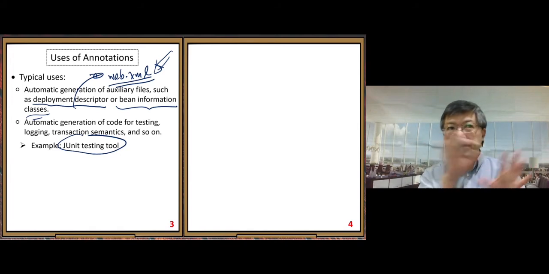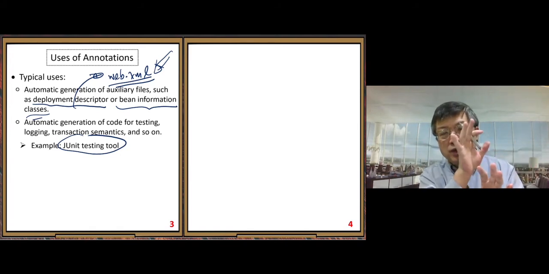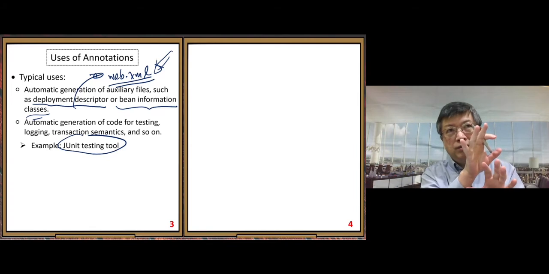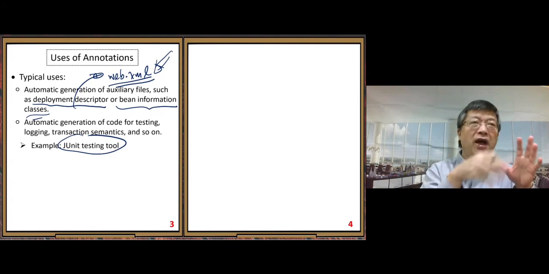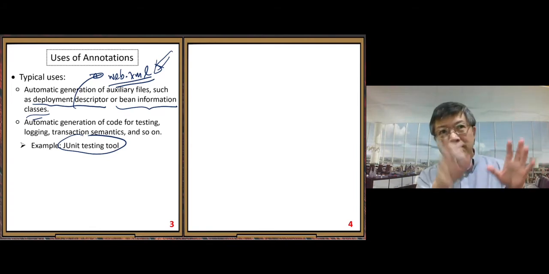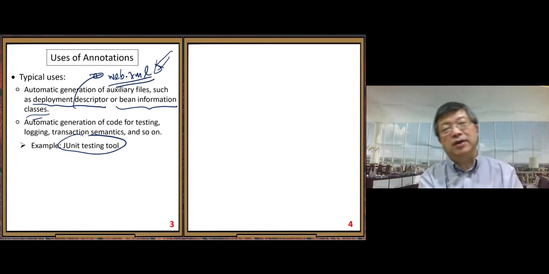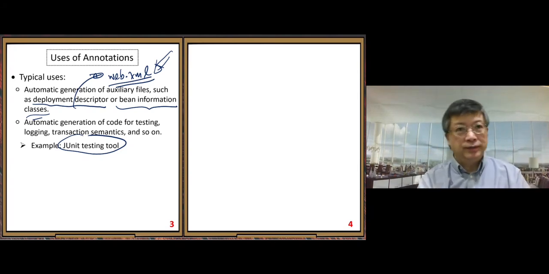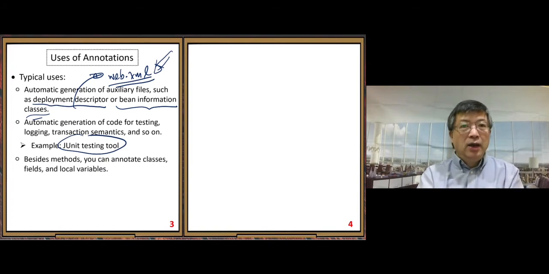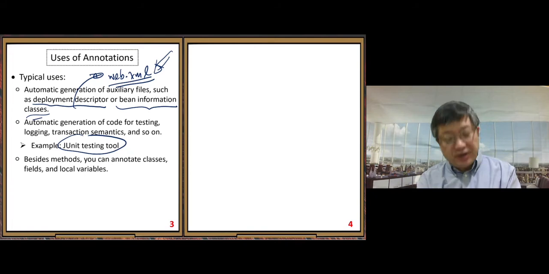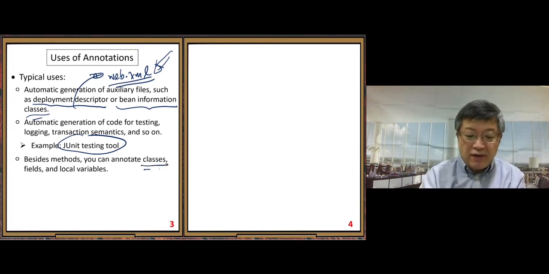Some of the methods you can put an @Test annotation on. Then you can run the JUnit tool and do the testing. We will do that part. Besides methods, you can annotate classes. You can do annotation at the class level.